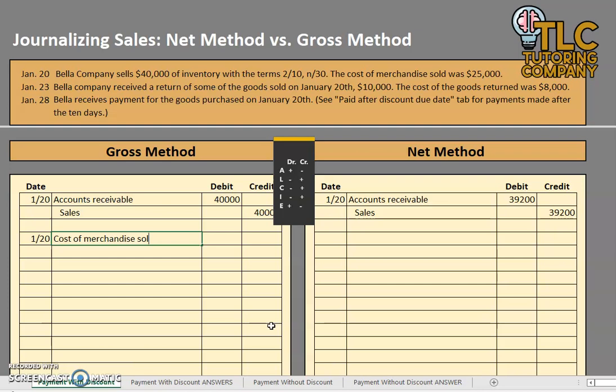Keep in mind, cost of merchandise sold is an expense, so we're going to debit that expense to increase it. Again, the $25,000 is not going to be adjusted under either method, simply because this is the amount that the seller originally paid for the goods they're now selling. So any discounts that were on that merchandise have come and gone. That's out of the picture now.